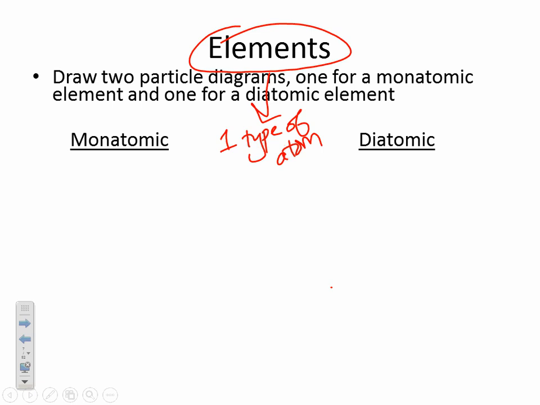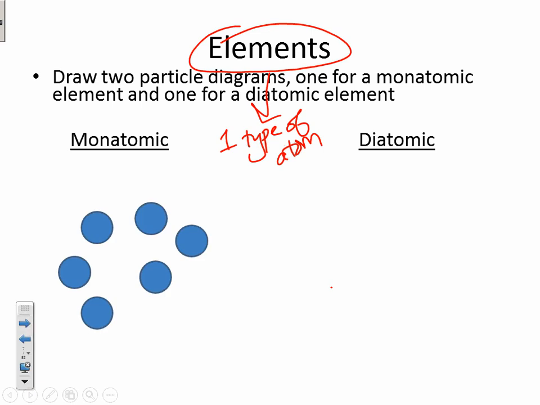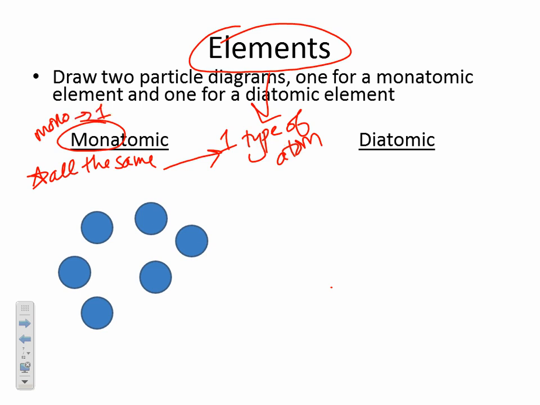A drawing for a monatomic element would probably look like this. Notice that they're all the same. That goes to the fact that for an element definition, you have one type of atom, but monatomic means mono, so just one, meaning it's not paired together. So notice that they're completely separate, right? This one is totally separate from this one, which is totally separate from that one.